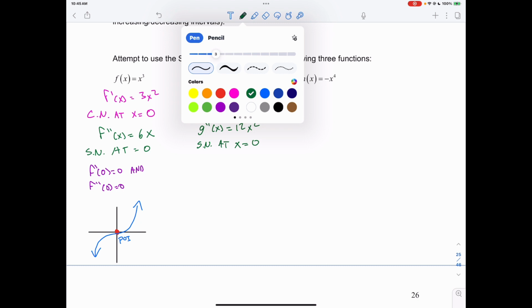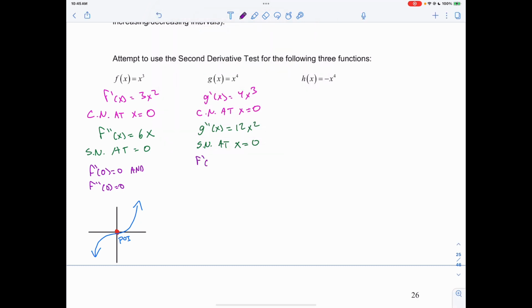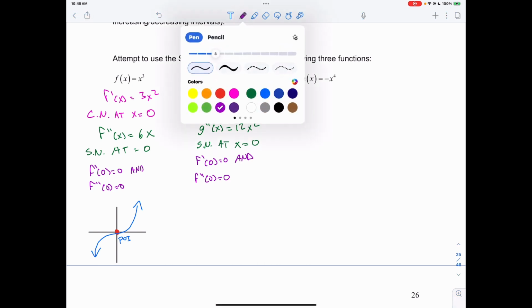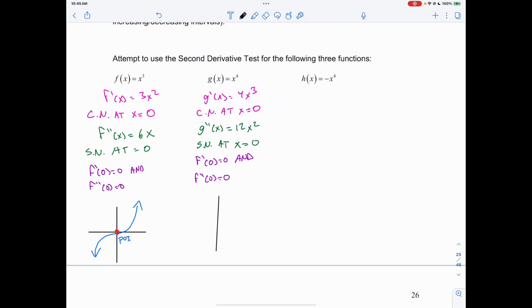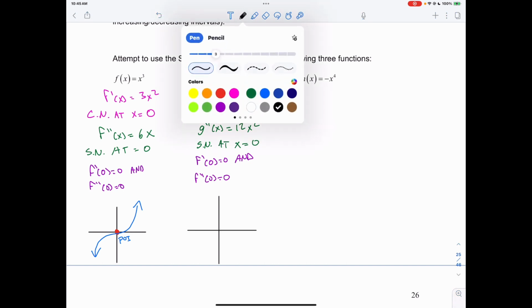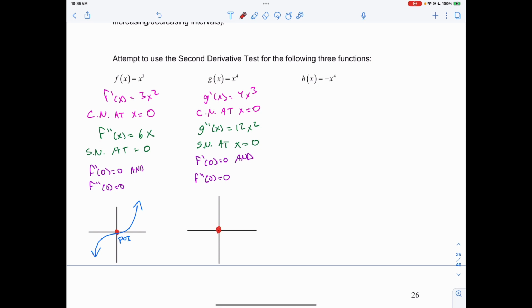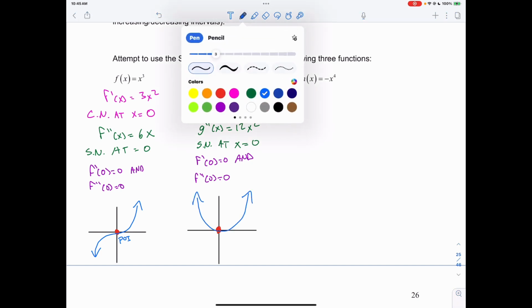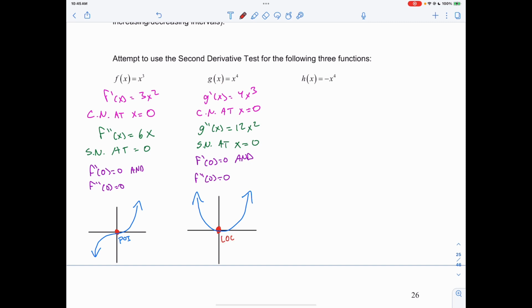Once again, we have the problem where g prime of 0 is 0 and g double prime of 0 is 0. But unlike the last example, when I graph this out, at the point (0, 0), it happens to be a local minimum. So in our first case, it was a point of inflection. In our second case, it's a local minimum.